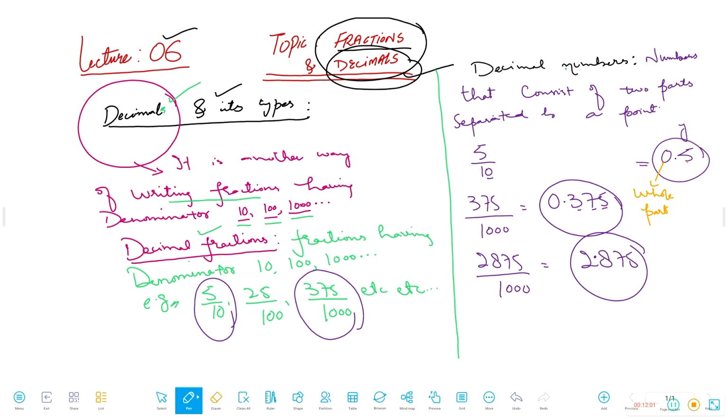And the digits after the point we call the fractional part. Or you can call the digits after the point the decimal part.